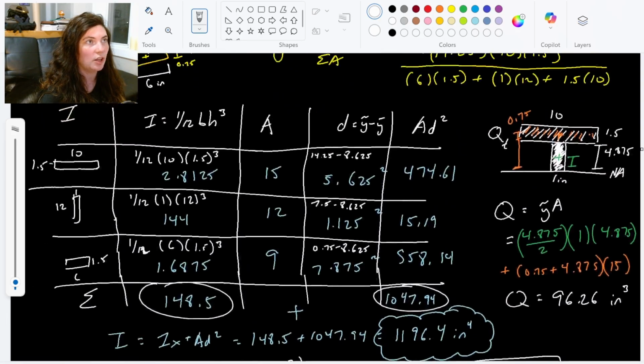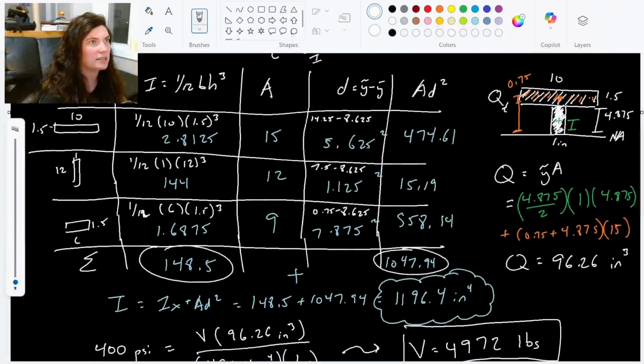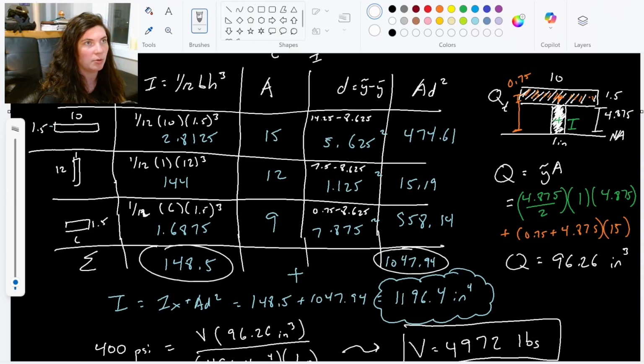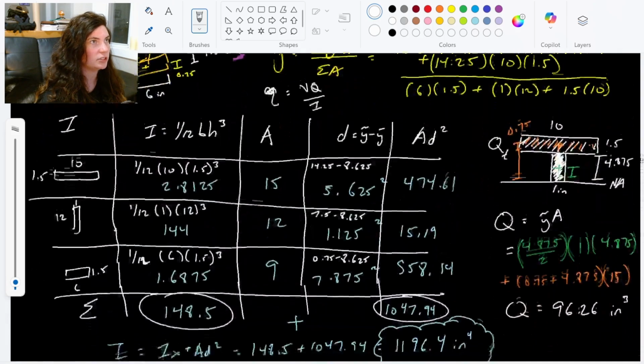Our shear flow is VQ over I. Thankfully, we can use this same moment of inertia. It's a property of the cross section. We can use this shear that we just found. It's very handy that we found this shear, because we could not have done the problem without finding this shear first.